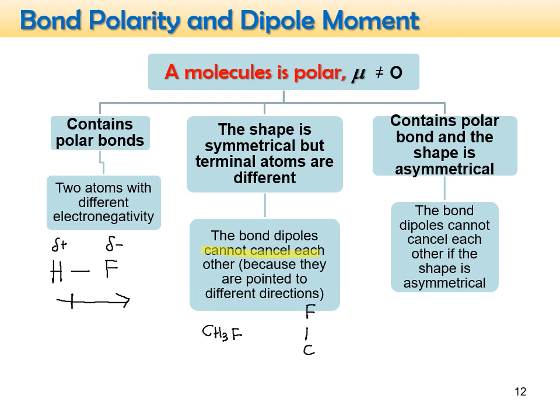Because fluorine is the only atom at the top, I will put the hydrogens pointing downwards, so that it is easier for you to draw the resultant later.